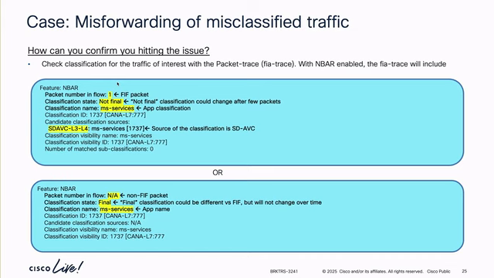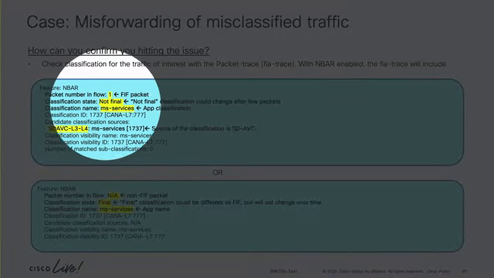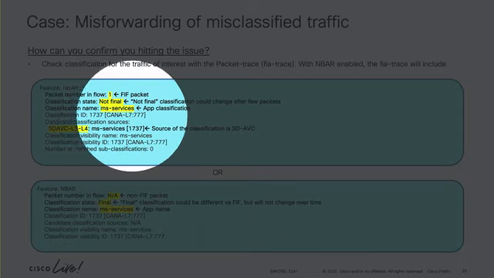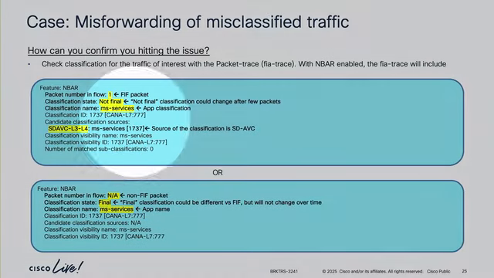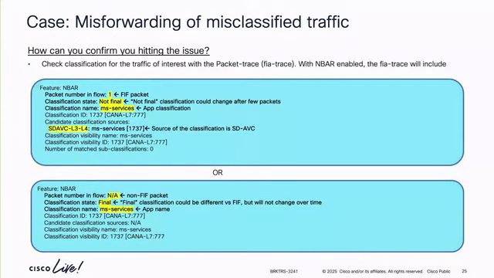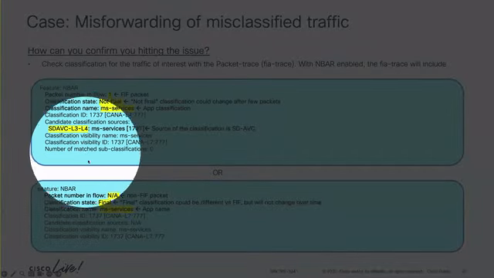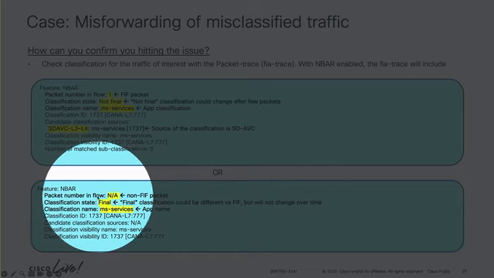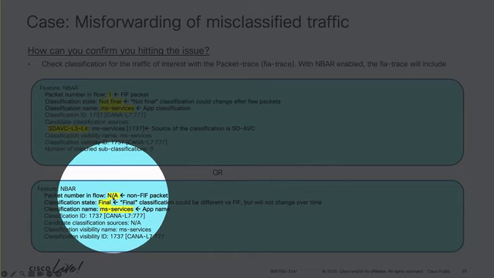Whenever you run a packet trace on a flow of interest, you can see that the first packet was classified with MS services, but the classification is not final. It means application recognition may still change that classification after some time. On the other hand, we can see the final classification which happened to the same packet.